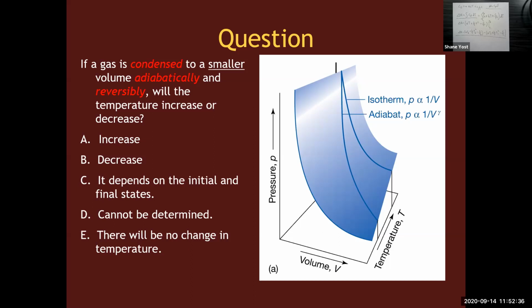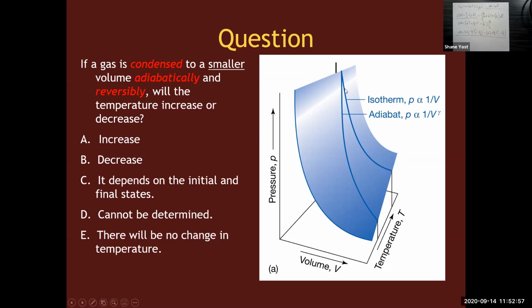For an ideal gas, an increase in internal energy corresponds to an increase in temperature, and they're proportional to each other with the heat capacity at constant volume as the proportionality constant. So if internal energy is increasing, temperature is increasing. So A here, it's got to increase.